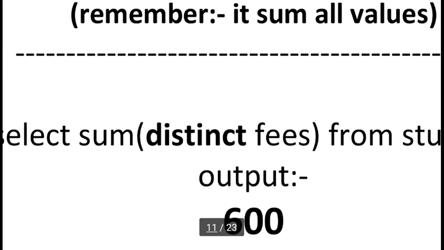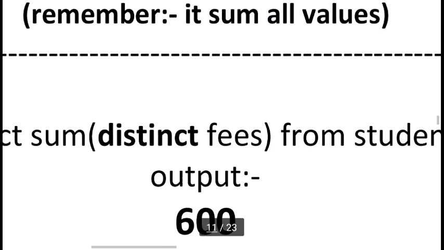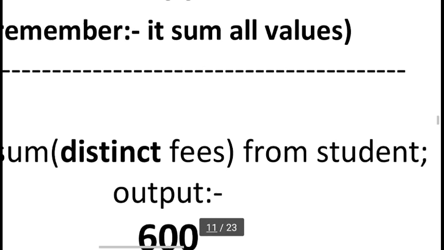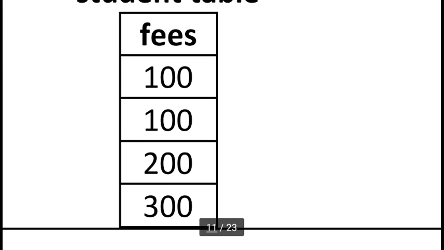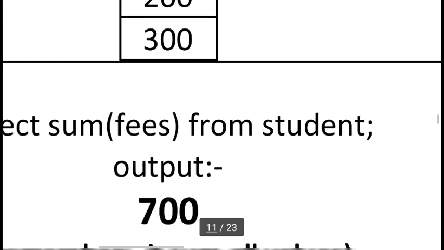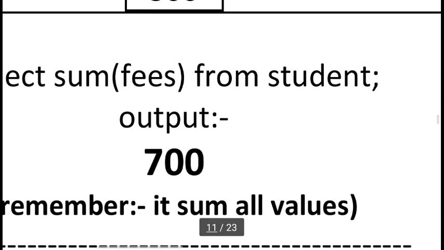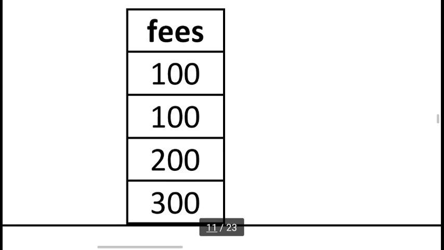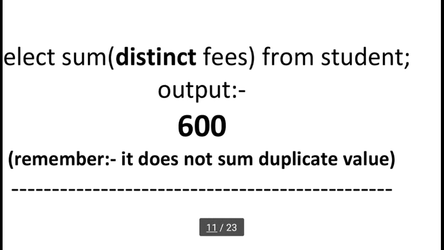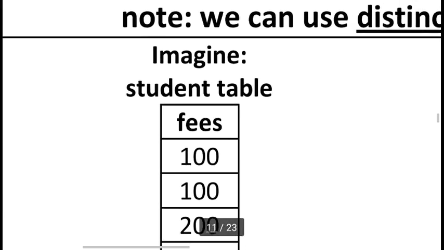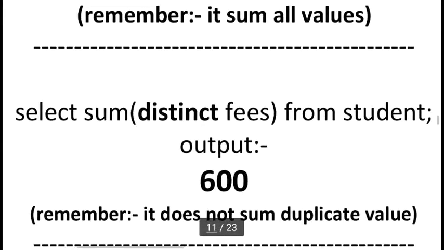It eliminates the duplicate values, so only 100, 200 and 300 will come. Our result is 600. It does not include duplicate values, so the second 100 will not be included in the result.